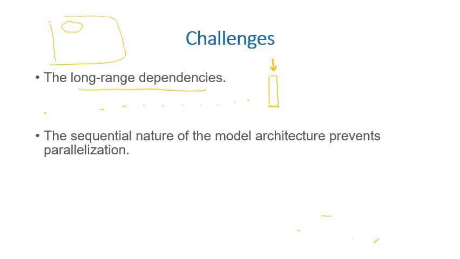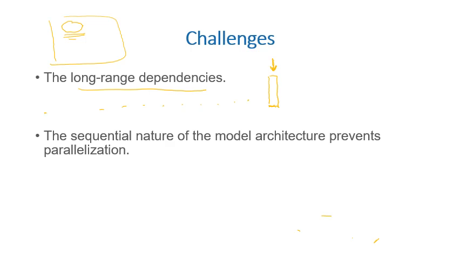The only thing that I have is this vector, which I generated at the end of the text, and all the information that I had at the beginning has somehow been forgotten. That's the problem of long-range dependencies. Gated models like LSTM and GRU try to address this problem, but still, the problem exists.